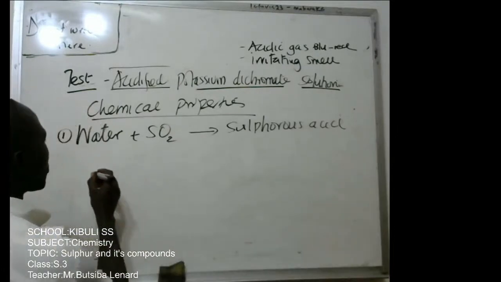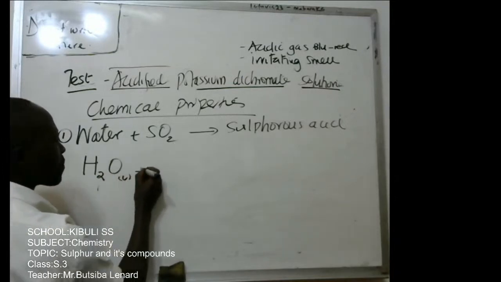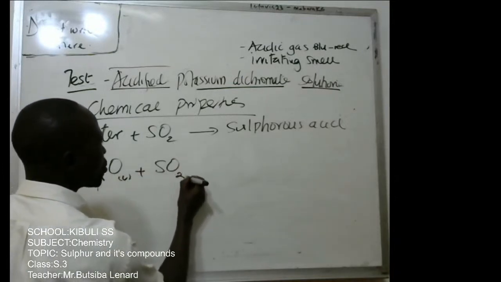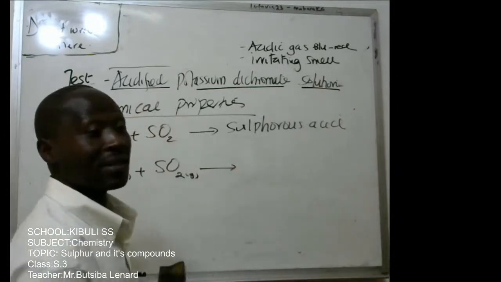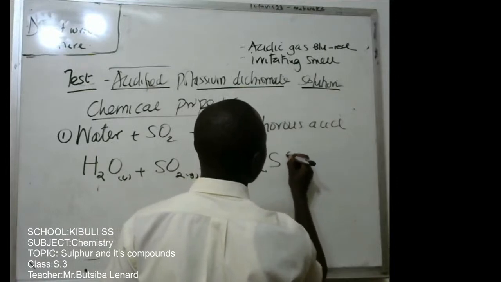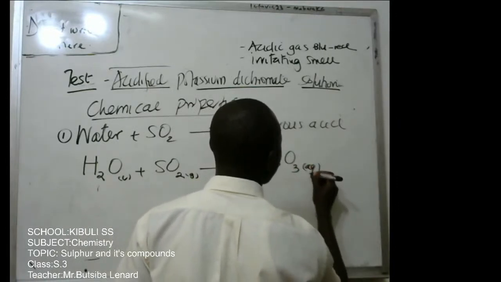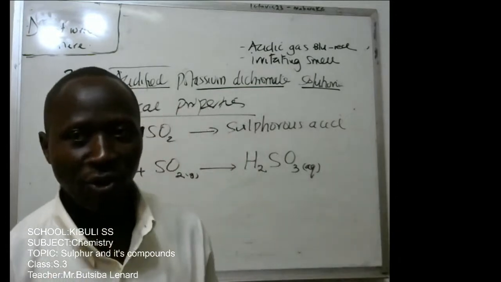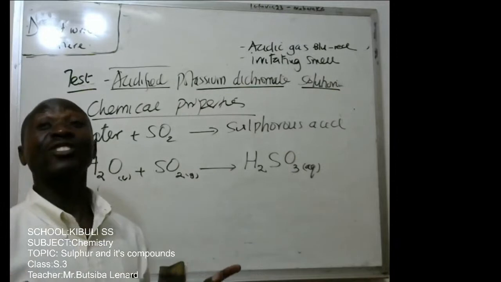And therefore, what's the equation? Water is H2O, a liquid. Sulfur dioxide is SO2, a gas. The formula for sulfurous acid is H2SO3, aqueous. Write the letters clearly, capital S, capital O, not modified at all.